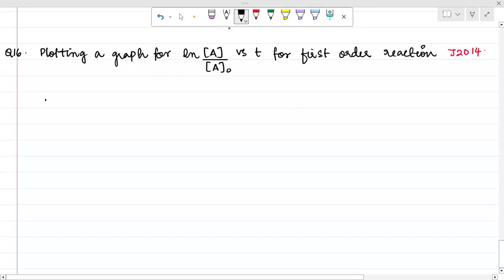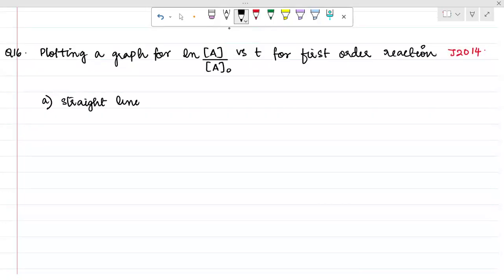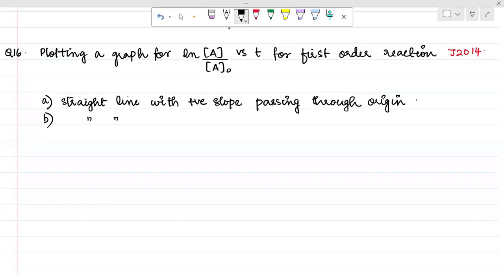Option A, it's going to be a straight line with positive slope passing through origin. Option B, it's going to be a straight line with a negative slope passing through origin.